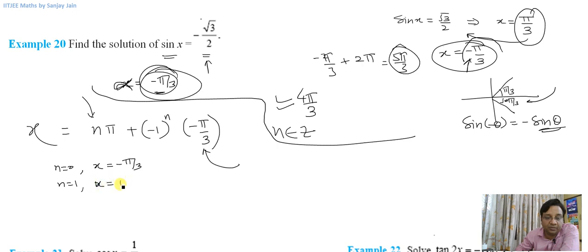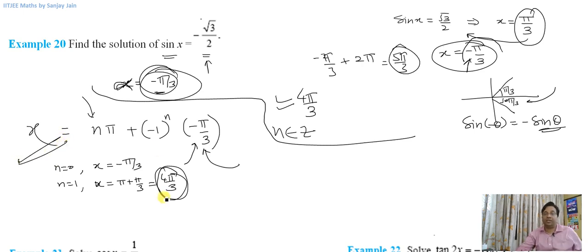So x will be equal to pi plus pi by 3, that is equal to 4 pi by 3. So even if you write 4 pi by 3 here, then I'll have to place some other value of n to obtain minus pi by 3. So this angle is achievable from this equation. So it doesn't matter, the angle should be correct, right?